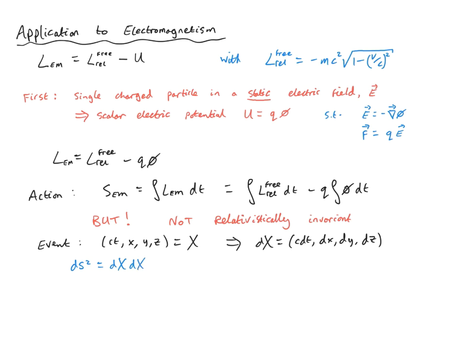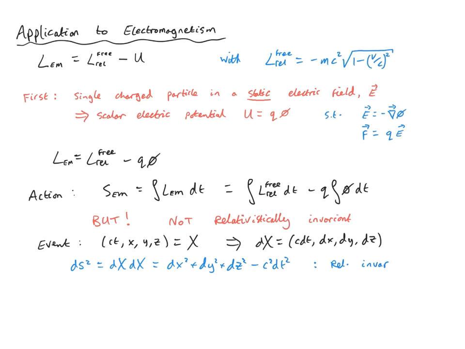I'll leave out the actual dot here to remind us that this is a generalized kind of dot product, and it has components which are dx squared plus dy squared plus dz squared, as from Pythagoras, and here comes the difference, minus c squared dt squared. Okay, so this object is a relativistic invariant, and we obtained it by doing this generalized dot product of this thing called a 4 vector.